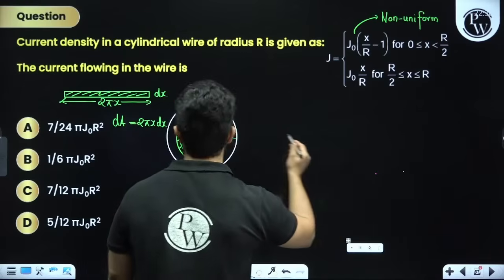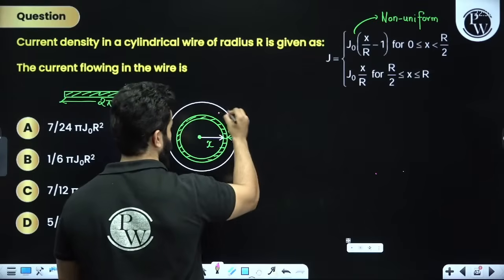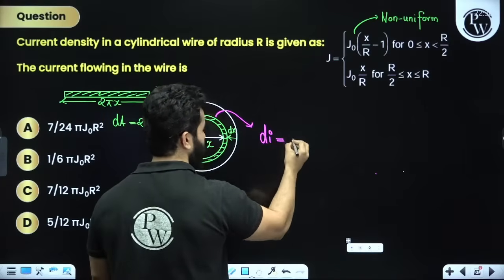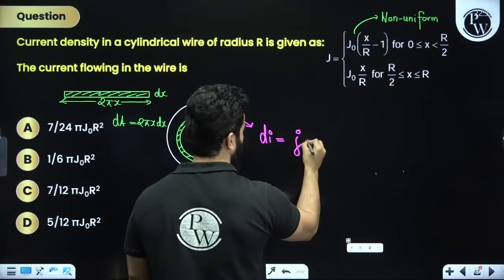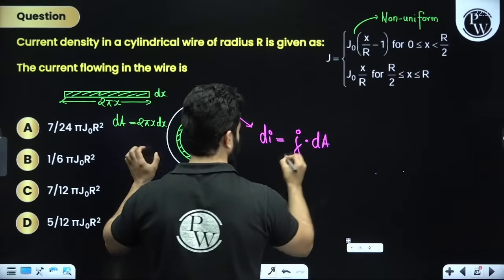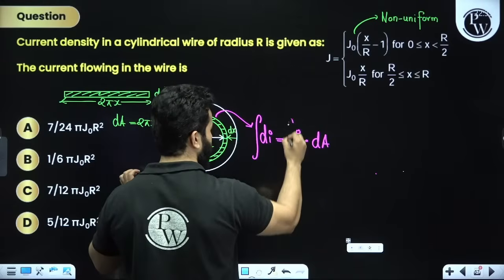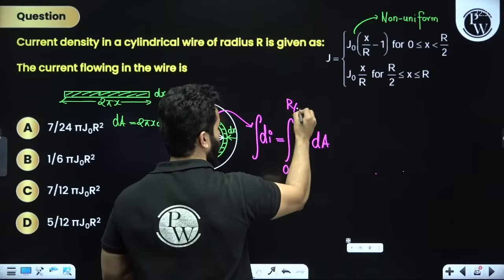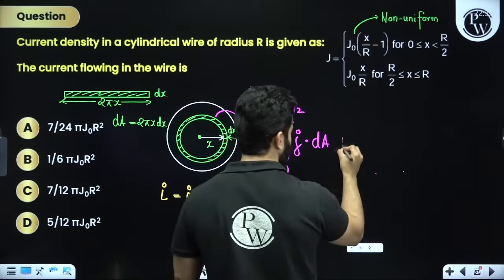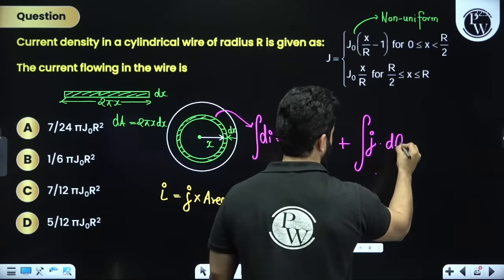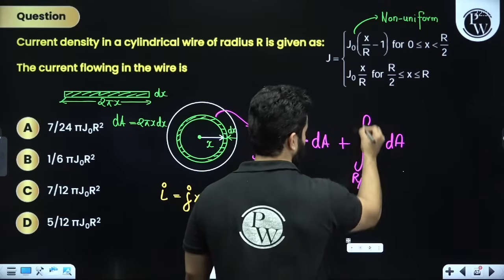So if you want to find the current in this, that will be the small current di, and that will be current density dot area, and instead of area I am going to write dA. Got it? And let's integrate it. So first integrate it from 0 to R by 2 and then integrate it from R by 2 to R.